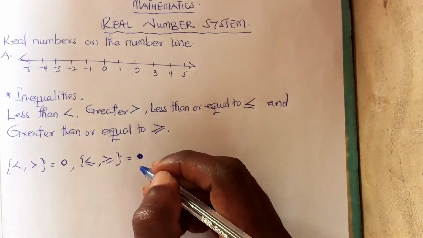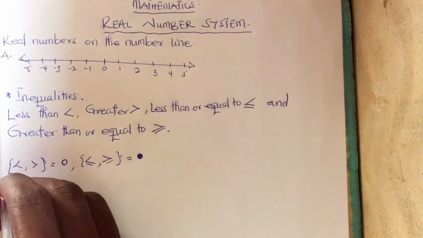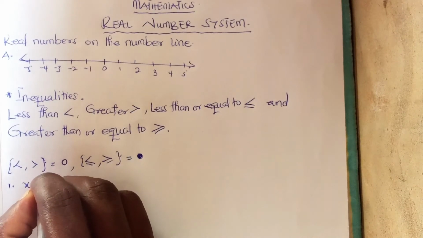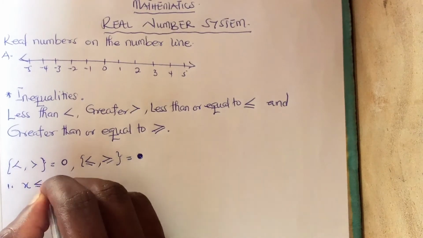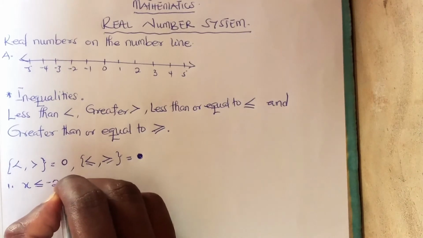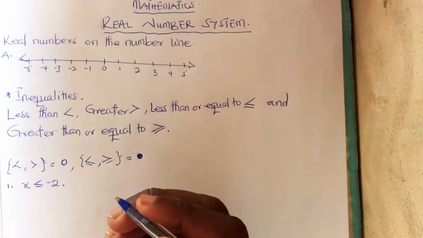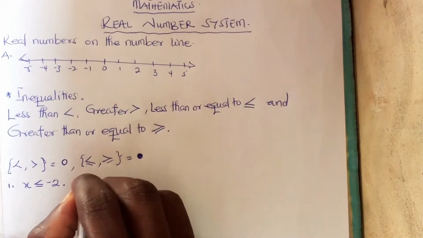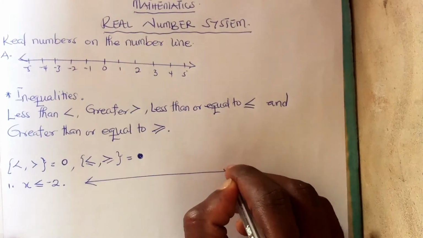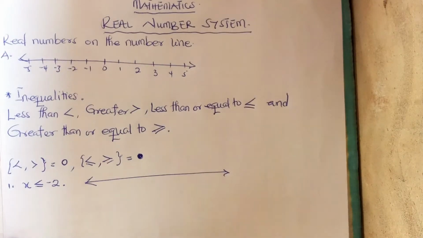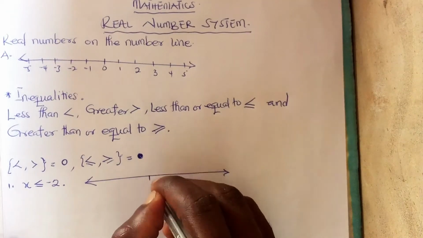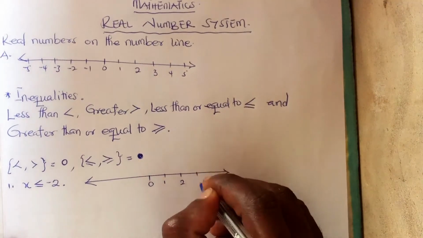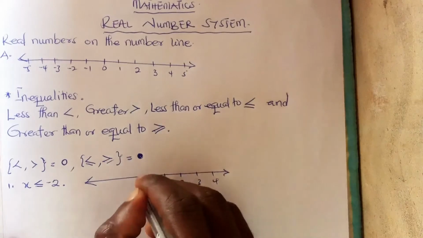Let's see by having some examples. We have example 1. X is less than or equal to minus 2. Let's represent it. We have our number line. Pick our 0 points. That's 0, 1, 2, 3, 4.